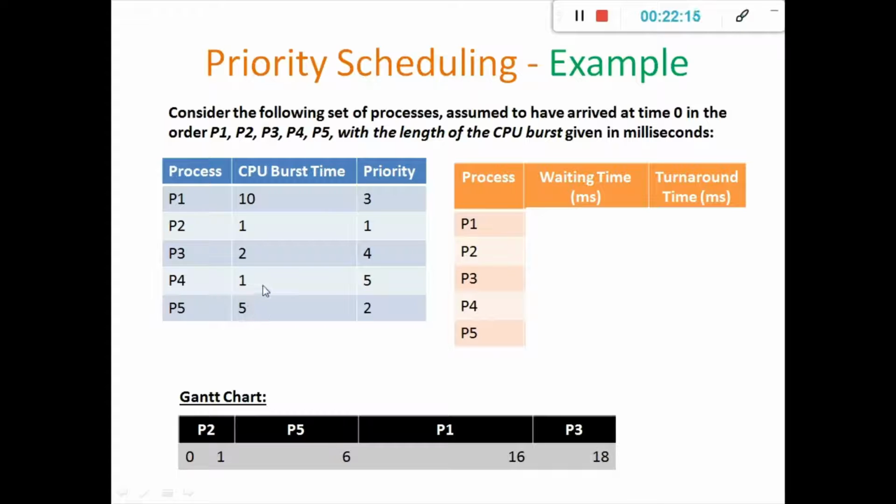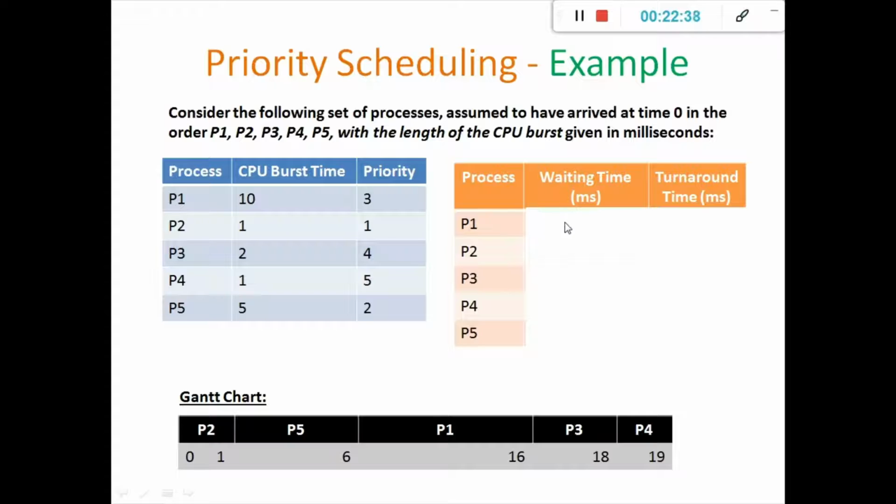Finally, P4 has the lowest priority, whose burst time is 1 millisecond. So it executes for 1 millisecond after 18 milliseconds, and the completion time is 19 milliseconds. This is the order by which the processes will be executed by the CPU.